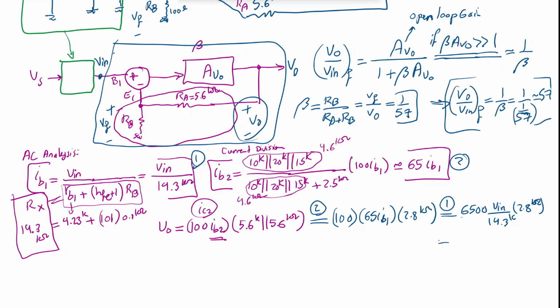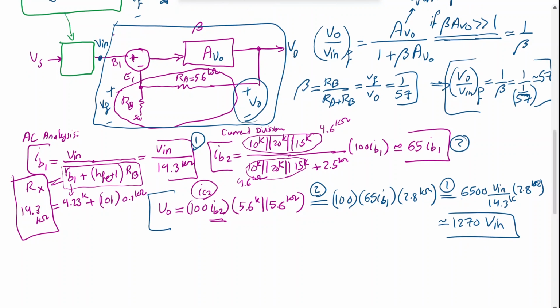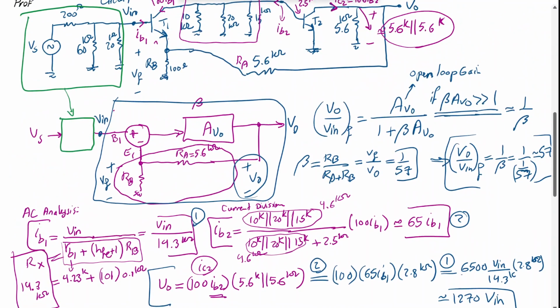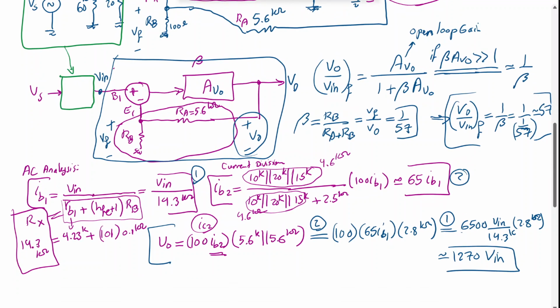So it's roughly 1270 Vn. We found it. We were chasing V out, and we found it's 1270 Vn. This is open loop, right? We're talking about this voltage, AV out, AV open loop.